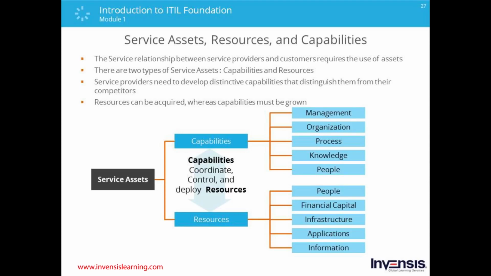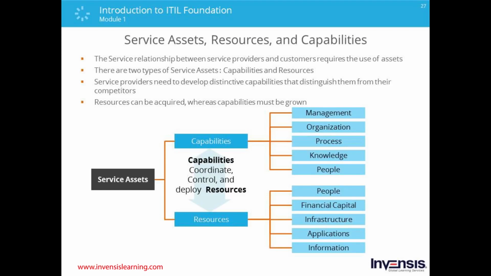Resources are physical things, as you can see: people, money, infrastructure, software applications, information. These are physically seen. Though I know information cannot be seen, it is in the database, but this is all physical stuff. Capabilities are not exactly physical; it is more like management and leadership, organization structure, team structures, processes and knowledge, people.